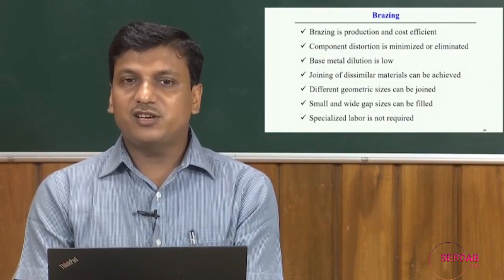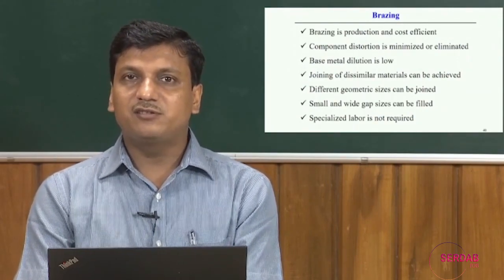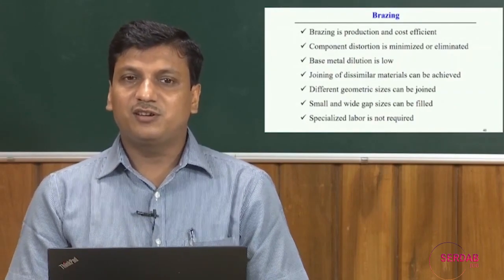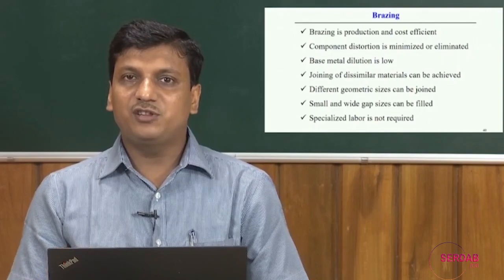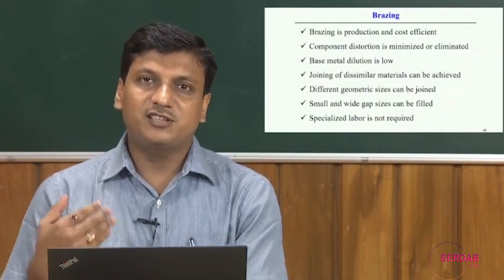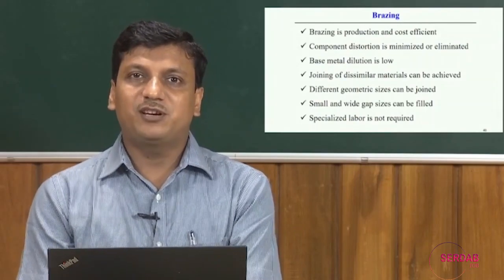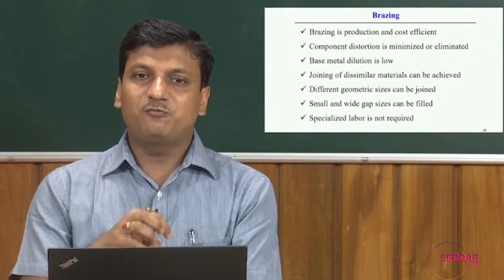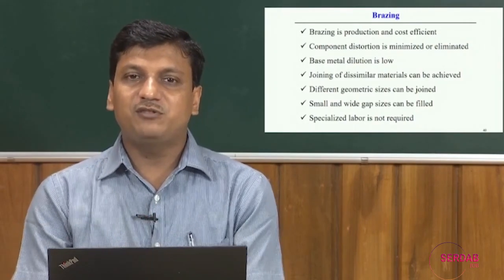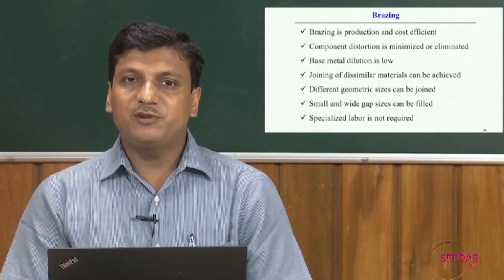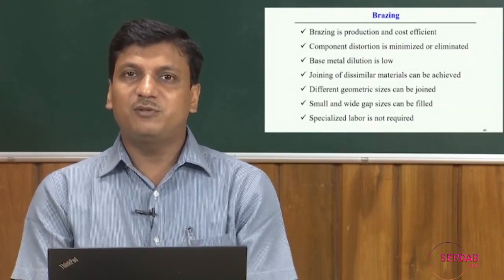Different geometric sizes can be joined simply using the gap between the materials and the filler material. Brazed filler metal is required to fill the gap between the two materials, and after filling it with the liquid metal, the two solid metals can be joined.